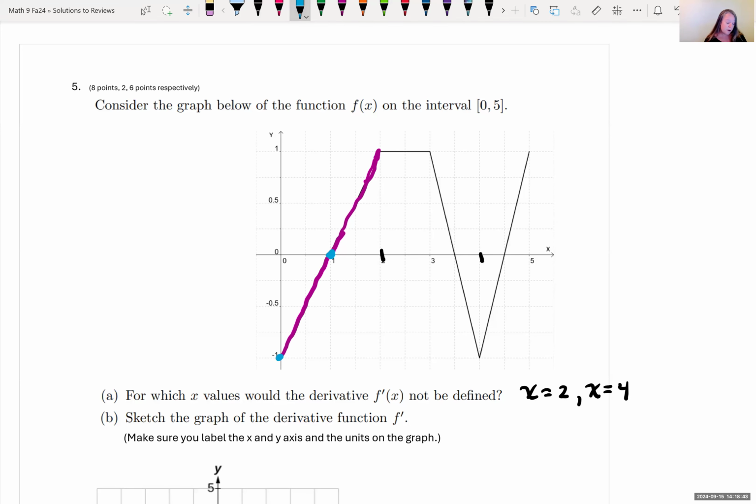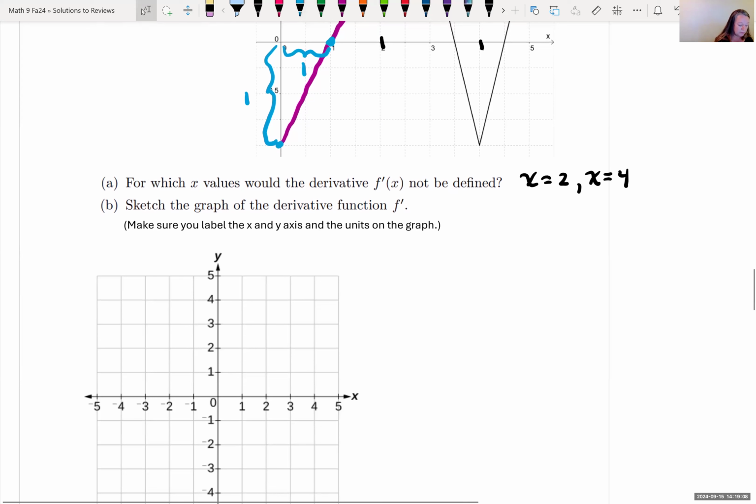If I'm going from x equals 0, negative 1 to x equals 1, 0, let's think about our slope. So we're rising up 1, and then we are running over 1. So I know that my slope from x equals 0 to x equals 2 is 1. Okay, so I'm going to have a horizontal line from 0 to 2 at 1.